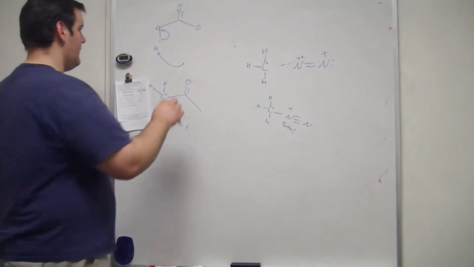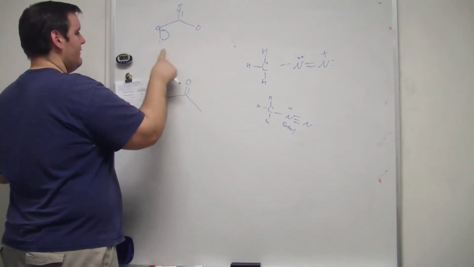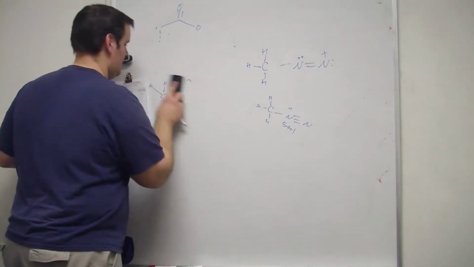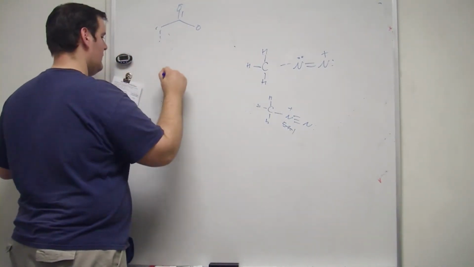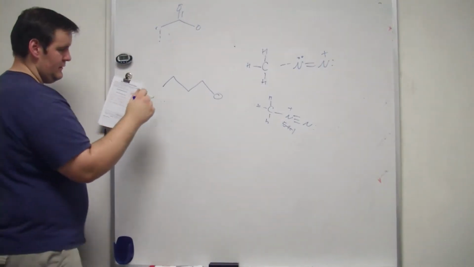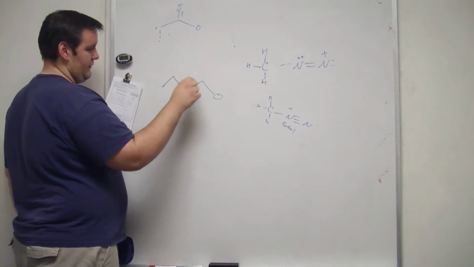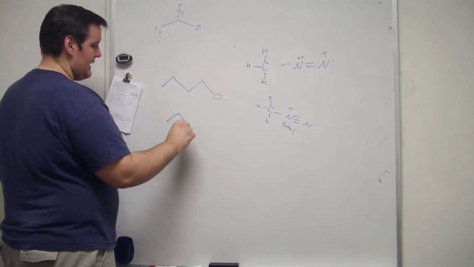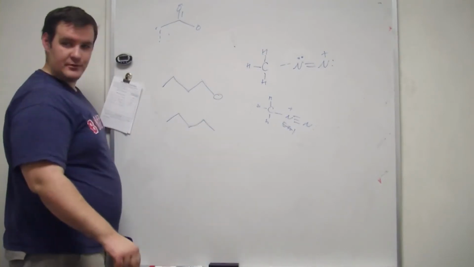A lot of people think, oh, I have, let me just draw something. Like this, if I have this structure, a lot of people think I have 1, 2, 3, 4, they have 4 carbons, 1 oxygen. But let's say I remove the oxygen, a lot of people still draw this.